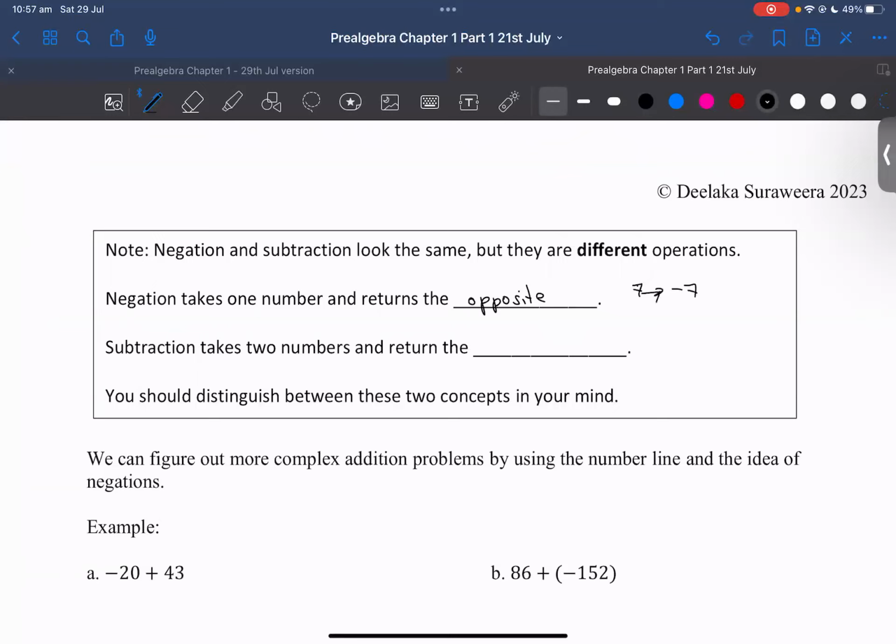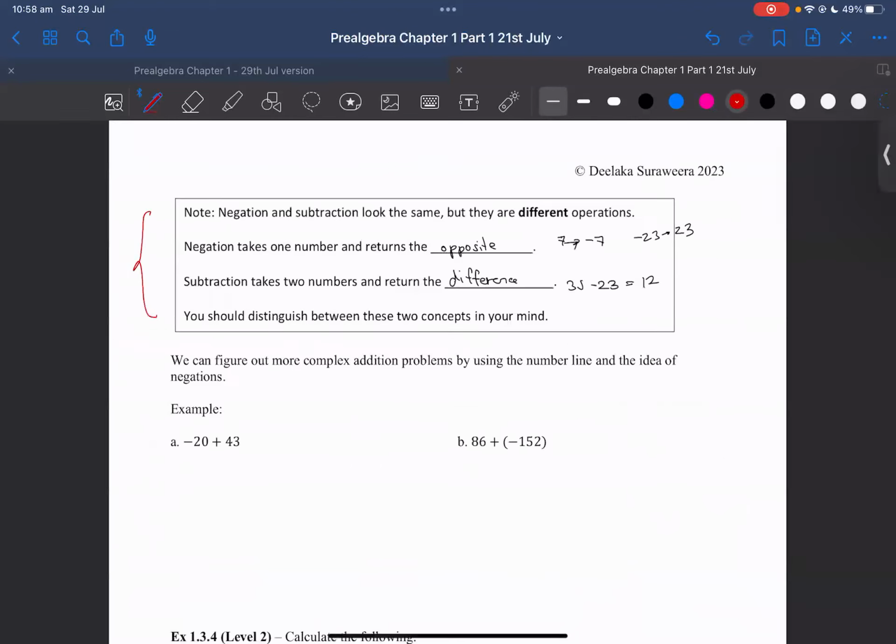If you start with negative 23, it gives you 23, the opposite version. But subtraction needs 2 numbers and returns the difference between them. You subtract 23 from something, for example from 35, and you find the difference, which is 12. We'll see how they're related later.